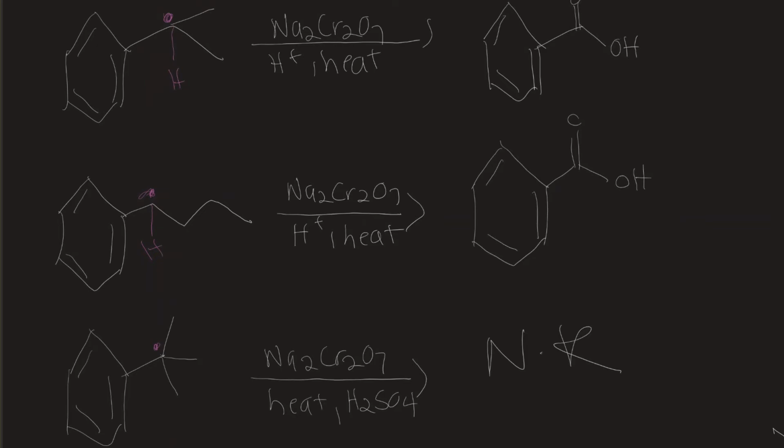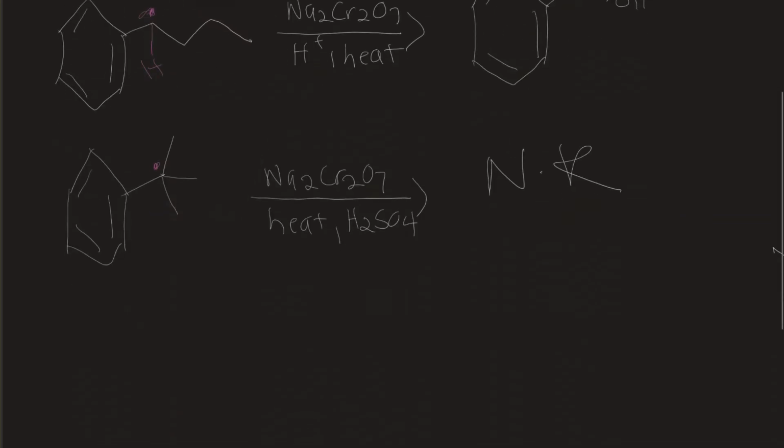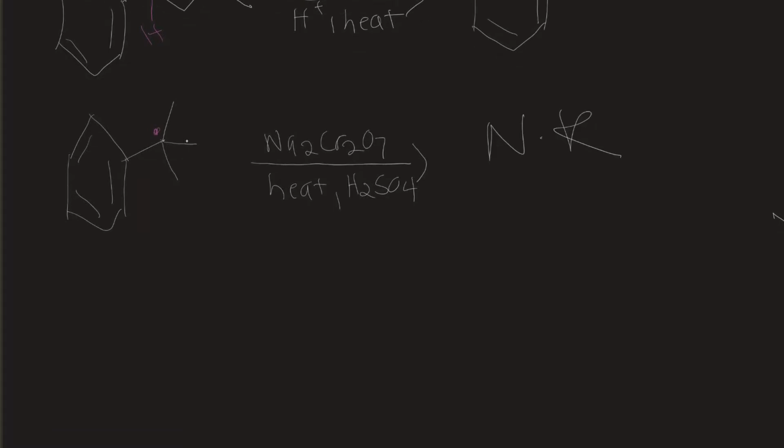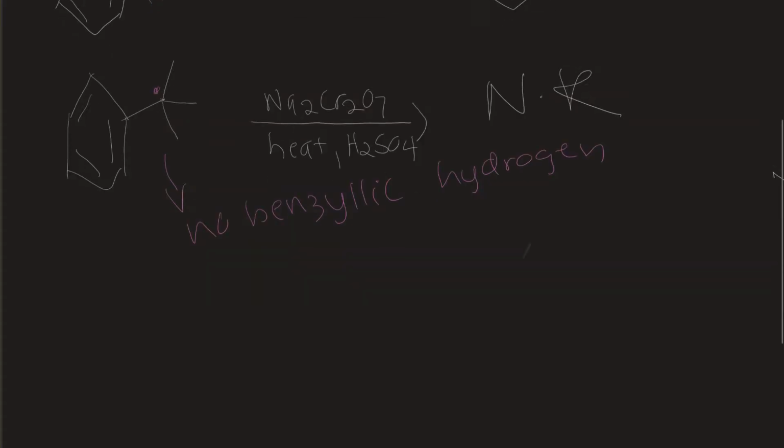So this is why the first 2 examples were able to be oxidized by this reagent. However, there's no benzylic hydrogen present at this carbon, so therefore no reaction occurs.